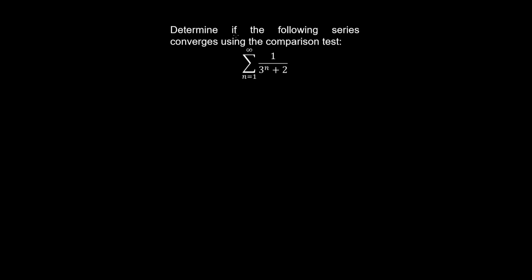Let's determine if the following series converges using the comparison test. So for a large n, this term dominates, and we may write the following series to compare against. And you may recognize this as the geometric series if we expand a few terms.